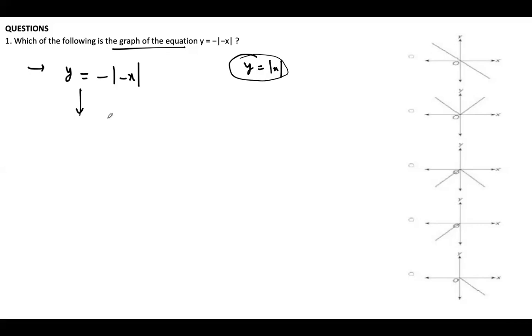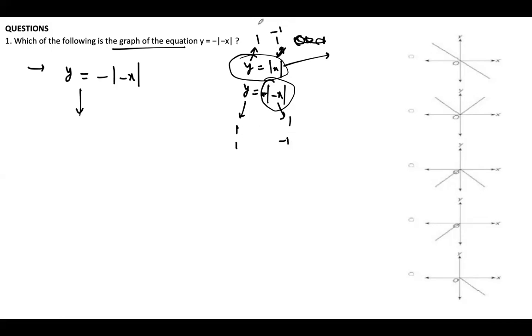So we'll go by first mod x. We do not know this graph, but let's say I know this graph. So whether you say mod x or whether you say mod of minus x, does it matter? No, it's the same. You take the value, for example x is equal to 1, so y will be 1.